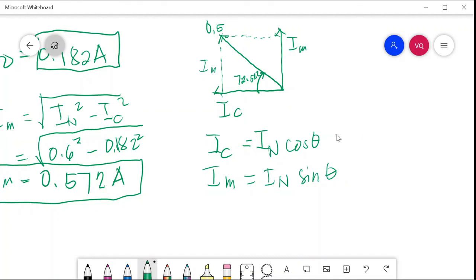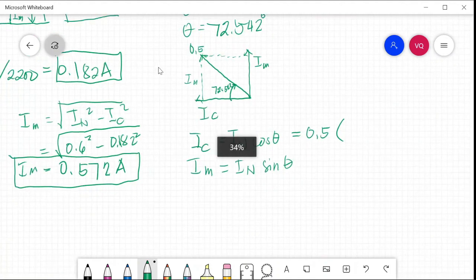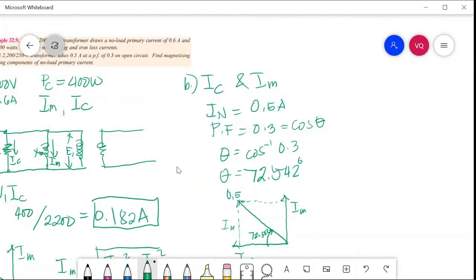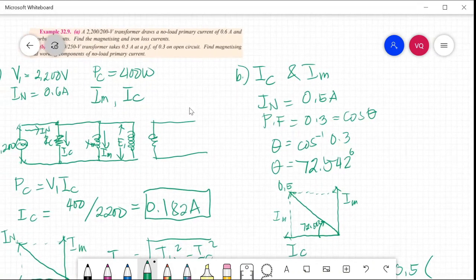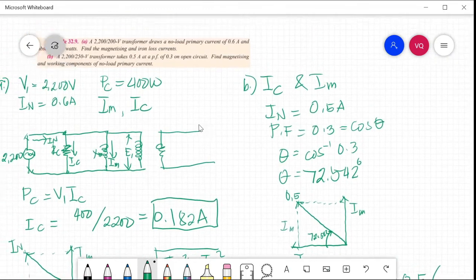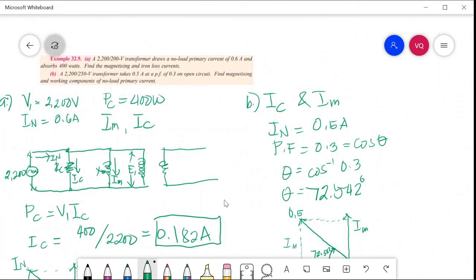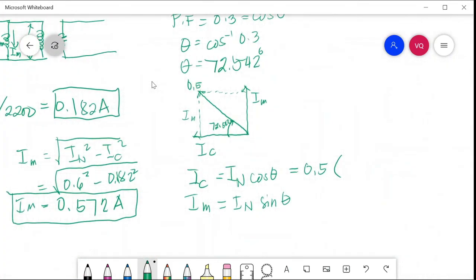So IC is equal to 0.5 times cosine theta. What is the power factor? Power factor is 0.3. So, 0.5 times 0.3, 0.15 ampere.